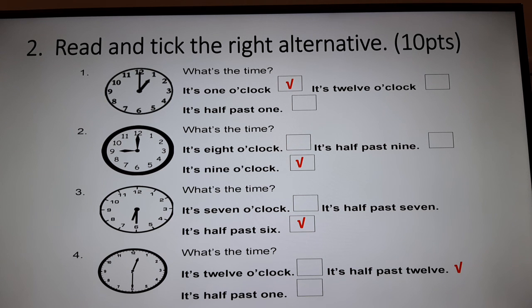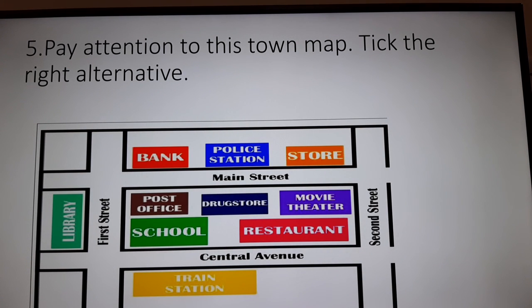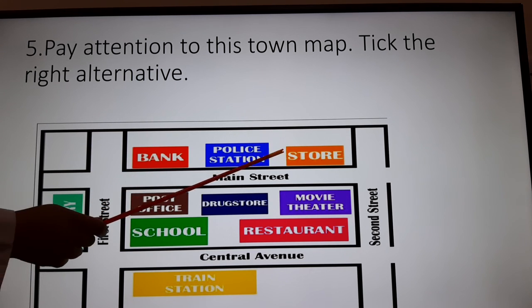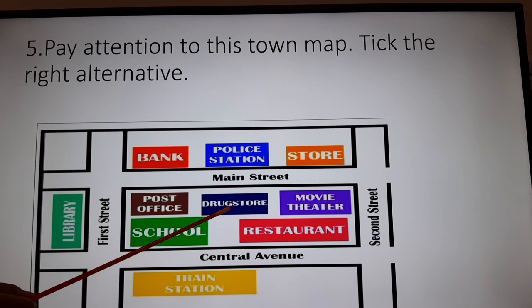Now let's go to this map. So here, pay attention to this town map and tick the right alternative. So here we imagine that this is a picture of a town with different buildings. So we have here the library, the bank, the police station, the store, the post office, the drugstore, the movie theater, the school, the restaurant, the train station.